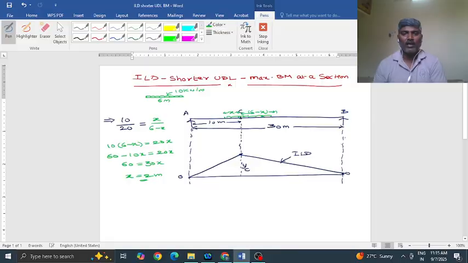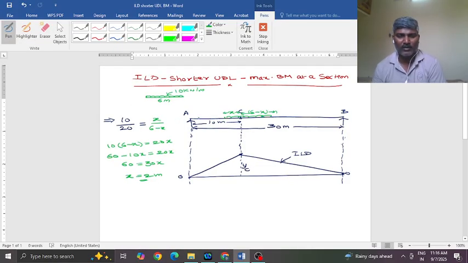So how shall I place the load for getting maximum bending moment at section C? While the load travels, the location C will have various bending moment values.